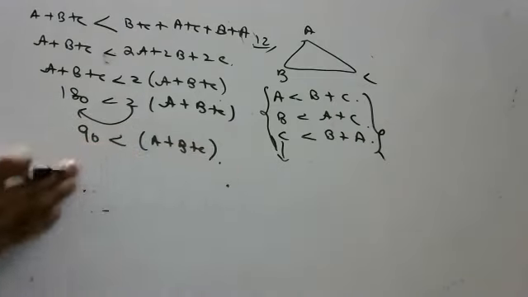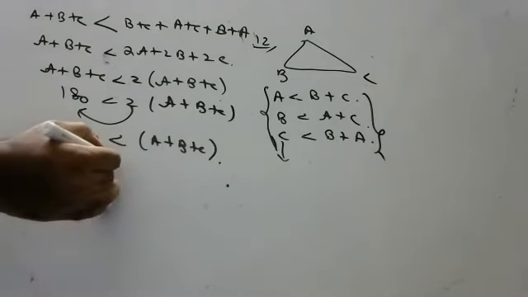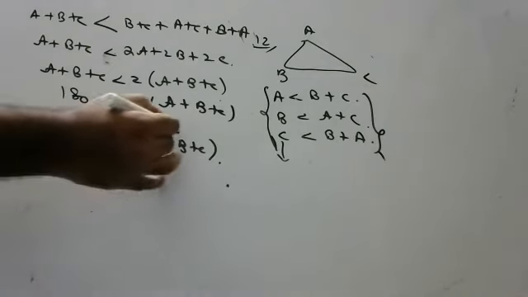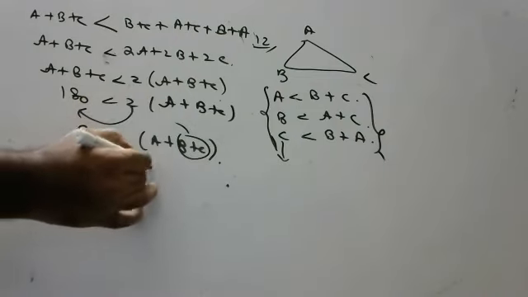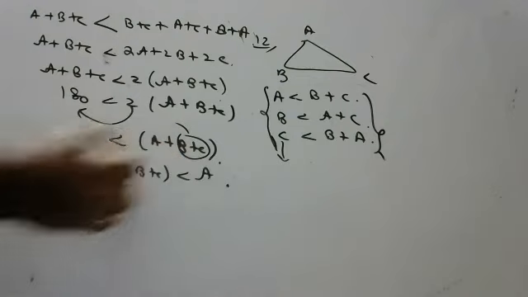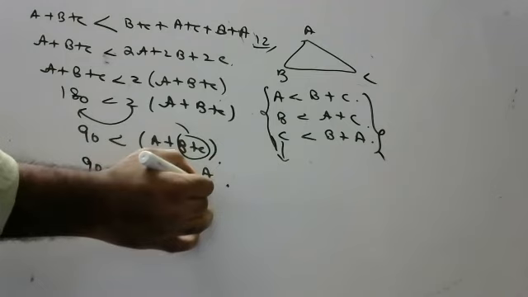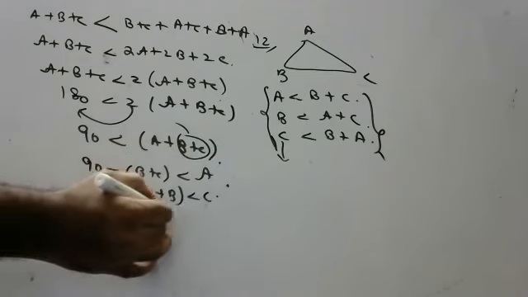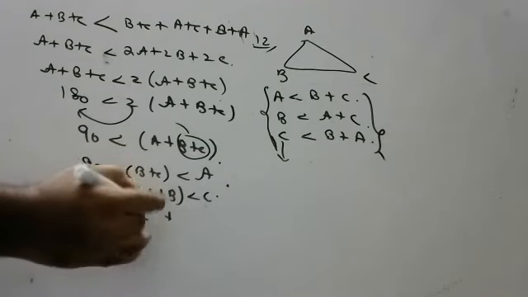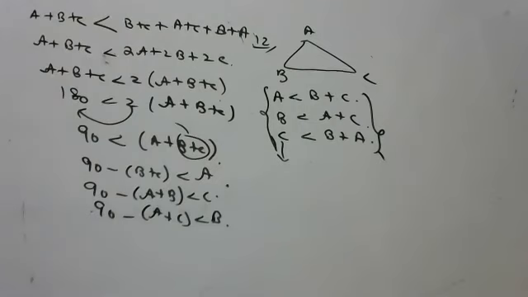We have to show each angle is less than 90 degrees, so what will we do? For each angle we have to take, children. First take B plus C here, or 90 minus A plus B is less than C, or 90 minus A plus C is less than B. What am I saying?